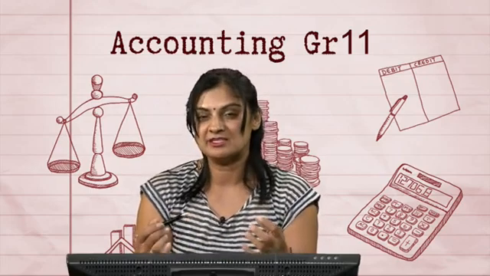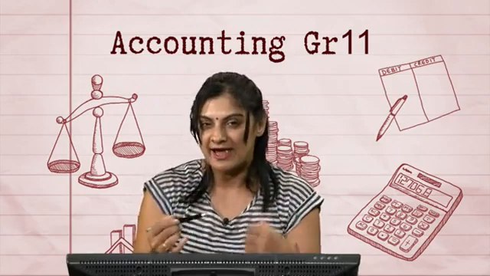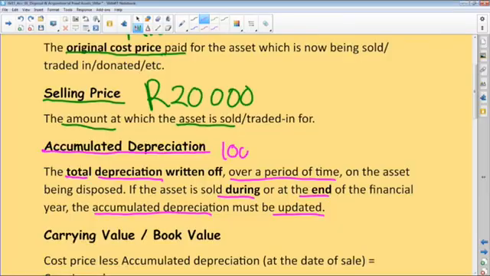Every year, when I write off depreciation, over a period of time, that depreciation accumulates, it adds up. So for example, in the first year, I could have written off depreciation of 1,000. In the second year, I could have written off depreciation of 900. The third year, let's assume I'm writing off depreciation of 800.